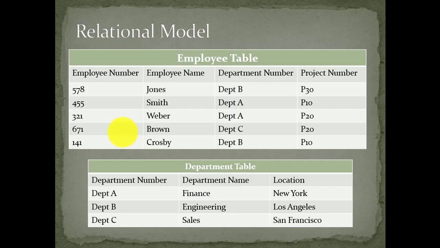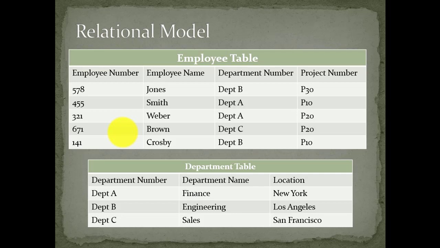And last is the relational model, which is the most widely used model, in which you can see that there are two tables. One is the employee table and another is the department table. Suppose we discuss one example: what is the location of Weber?